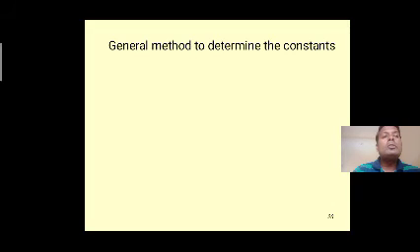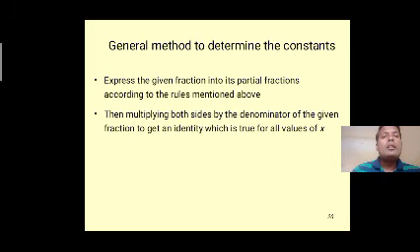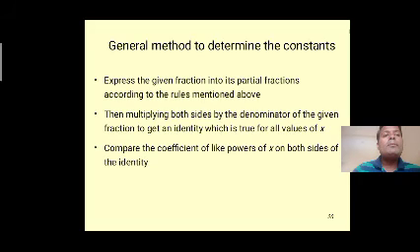General method to determine the constants. Express the given fraction into its partial fraction according to the rules mentioned above. Then multiply both sides by the denominator of the given fraction to get an identity which is true for all values of x. The third one, compare the coefficients of like powers of x on both sides of the identity.